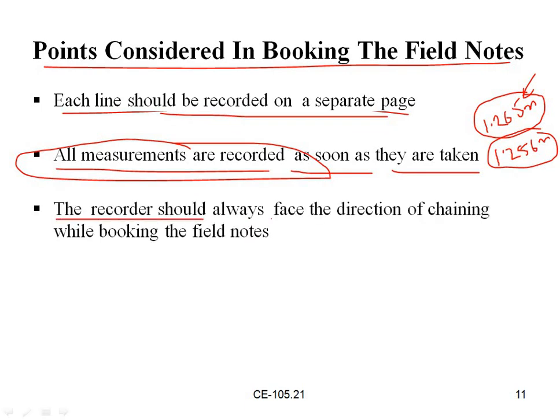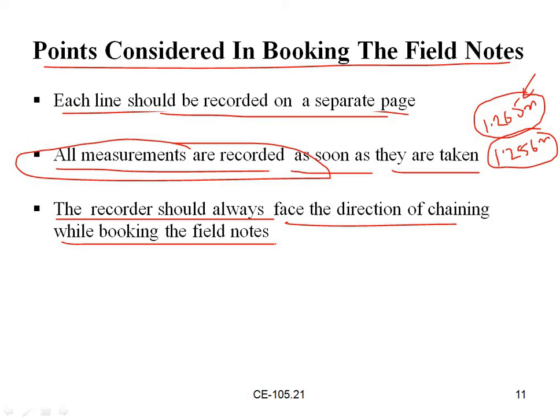The recorder should always face the direction of chaining while booking the field notes. So the recorder should always face the direction of chaining and follow the directions while booking the field notes.